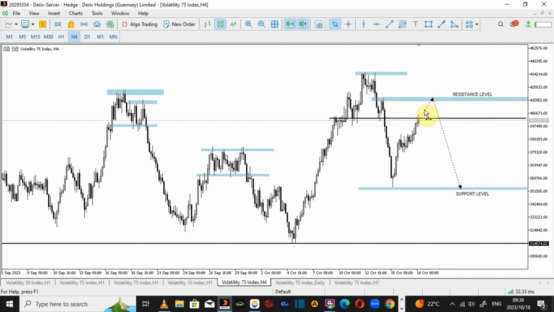So we've placed our sell right at the resistance level. This area of resistance can confirm a good sell once we see some bearish candles forming up. So we have to wait for market confirmation before placing a trade.